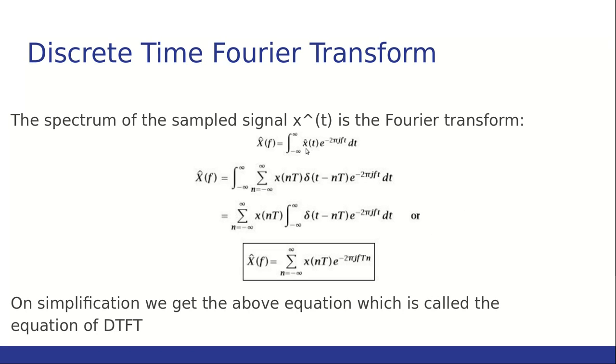So we replace the sampled signal x of t with this, as we have discussed in the previous slide, and then interchanging the summation and integration, it takes this form, and on integrating this we get this output, that is, this is only valid at t being the multiples of capital T. So this equation is called the equation of DTFT.